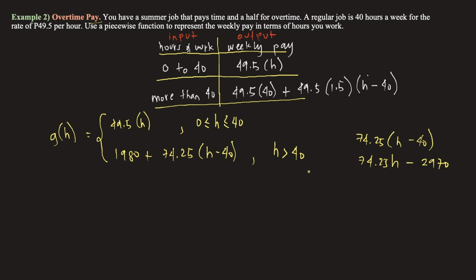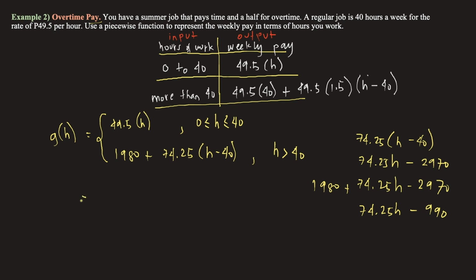So the second line will become 74.25h minus 2970 plus 1980. So this is simplified as 74.25h minus 990.